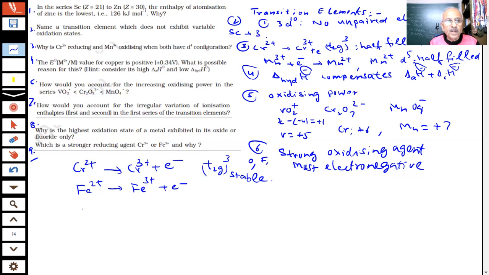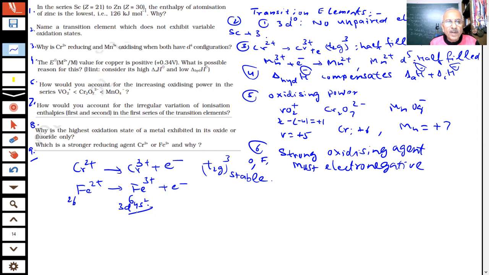What is the atomic number of iron? Iron is 26. That means what is the configuration, student? 4s2 3d6.